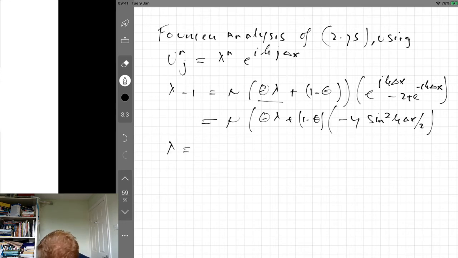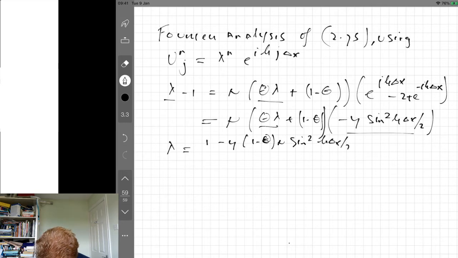So we put all the terms with lambda to the right hand side and divide through, so lambda equals 1 minus 4 (1 minus theta) mu sine squared k delta x over 2, divided by 1 plus 4 theta mu sine squared k delta x over 2.